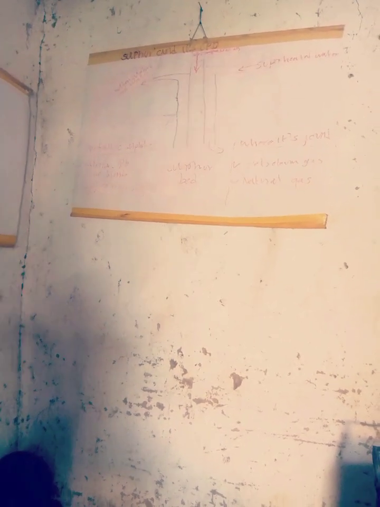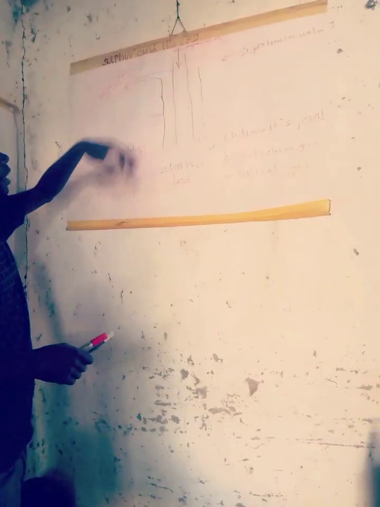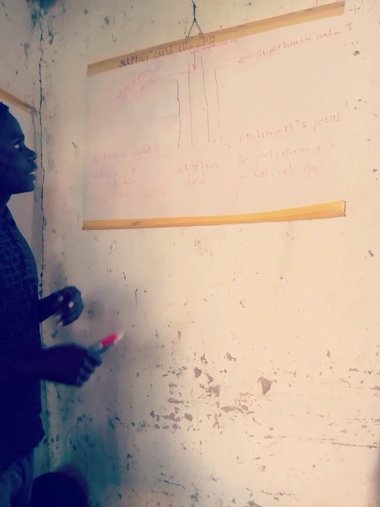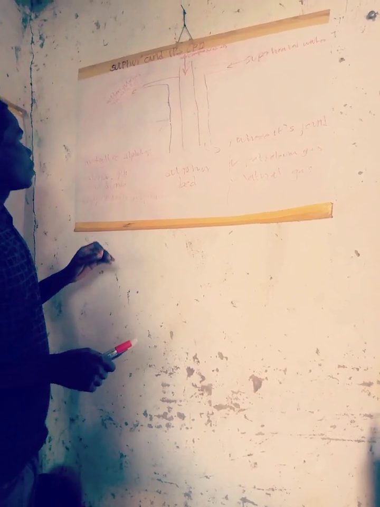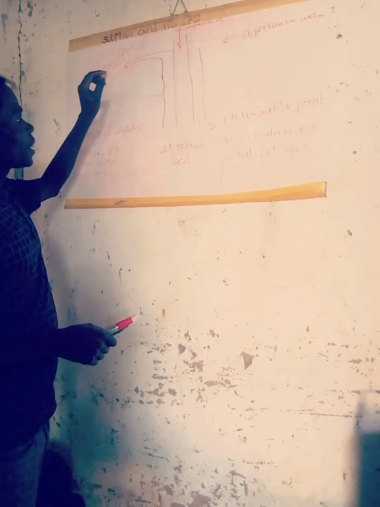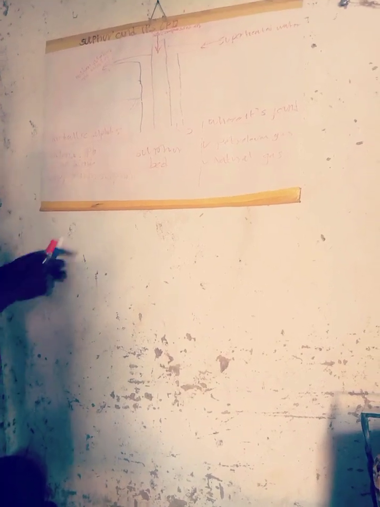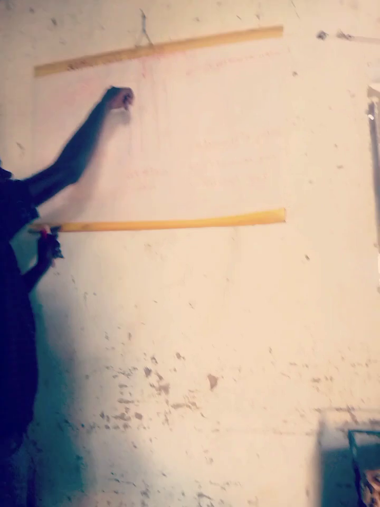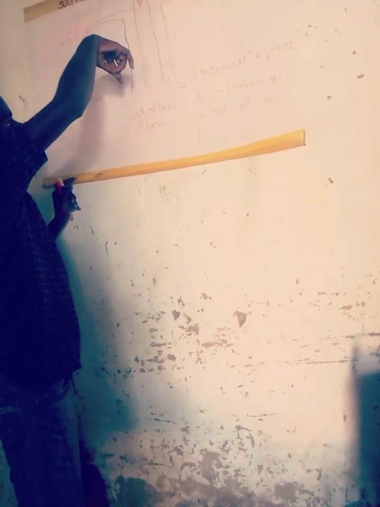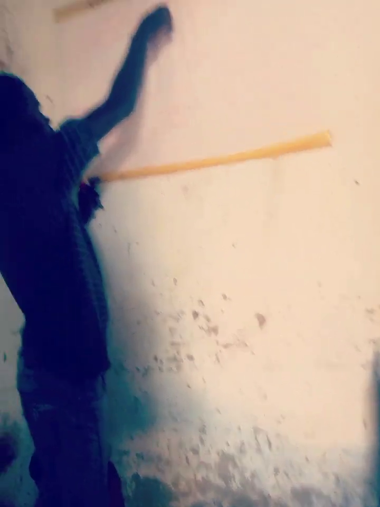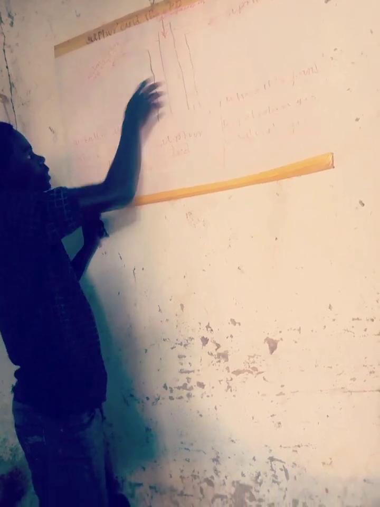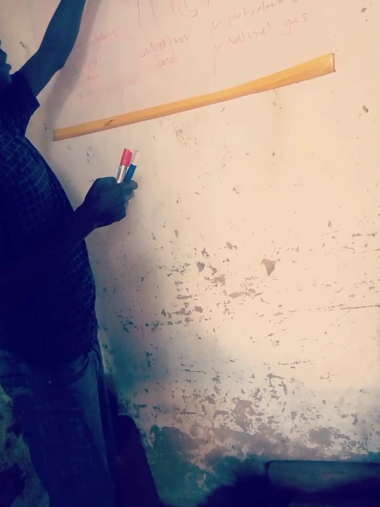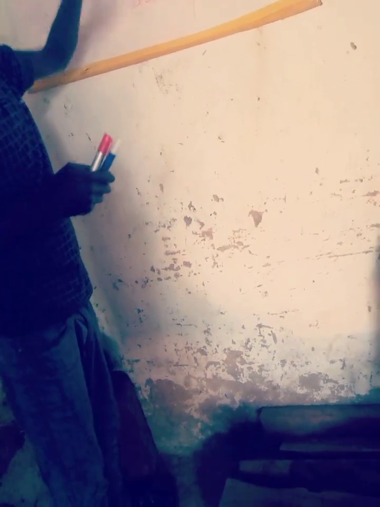So now let's talk about its extraction. This is a simple diagram showing how sulfur is extracted. First, you must have three pipes. The middle pipe carries hot compressed air.